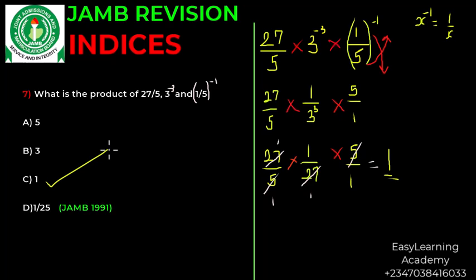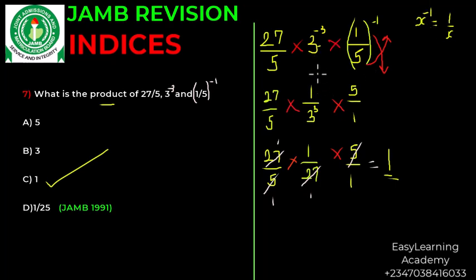That was very easy. They were just trying to test our understanding by asking what is the product of this. When they say product, it means multiplication, so we introduced the multiplication sign and arranged everything. For the other one, we invoked the law of indices that says x raised to the power of -1 is the same thing as 1 all over x.